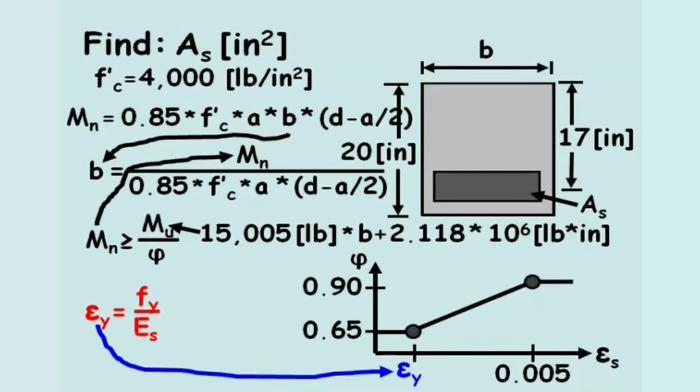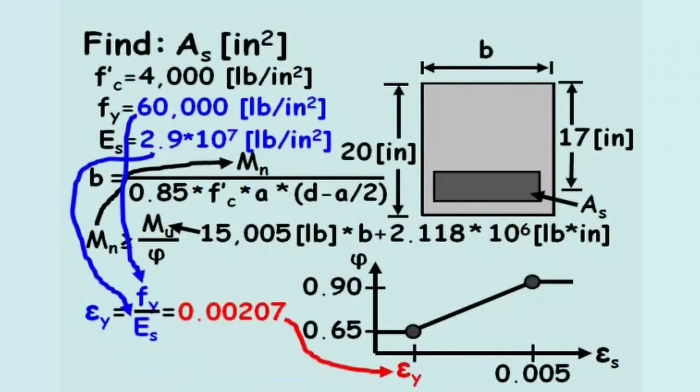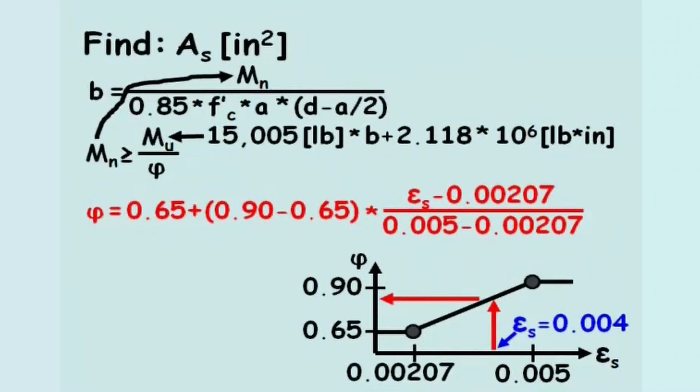Looking back, the problem statement provides both of these values, and the yield strain in the steel computes to 0.00207. The strain in the steel is provided as 0.004. Therefore, we can compute the strength reduction factor by linearly interpolating between the 2 points on the plot.